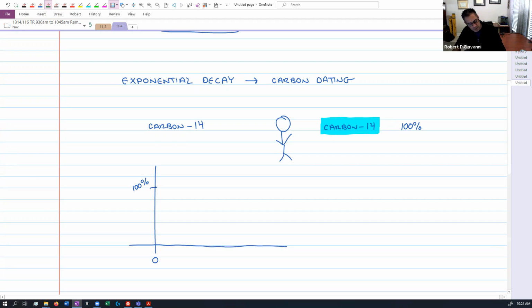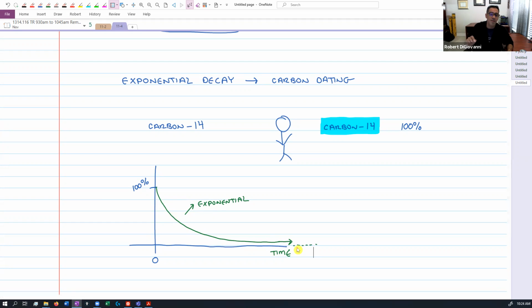Then the carbon-14 starts to drop away over time, and the graph of how it drops is an exponential function. With an exponential function, as time goes on, it gets closer and closer to 0 but never gets there. That means there will always be some small trace of carbon-14 somewhere in that bone.